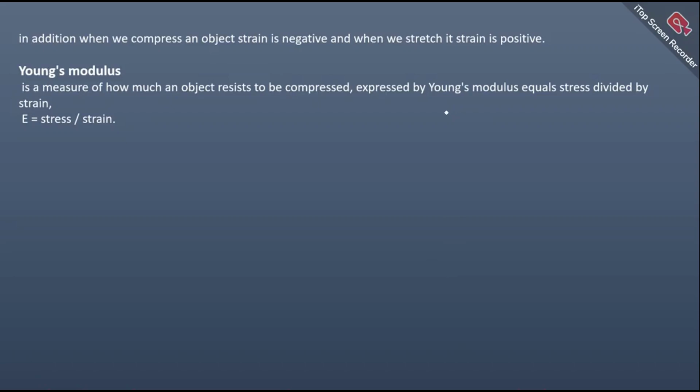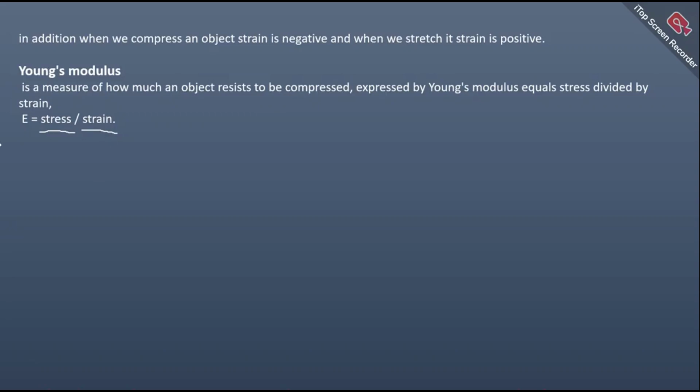Now, we also talked about stress, which is given by what? Force divided by area. So where I'm seeing stress, I will substitute force divided by area. Then strain, we said it's given by change in length divided by the initial length.